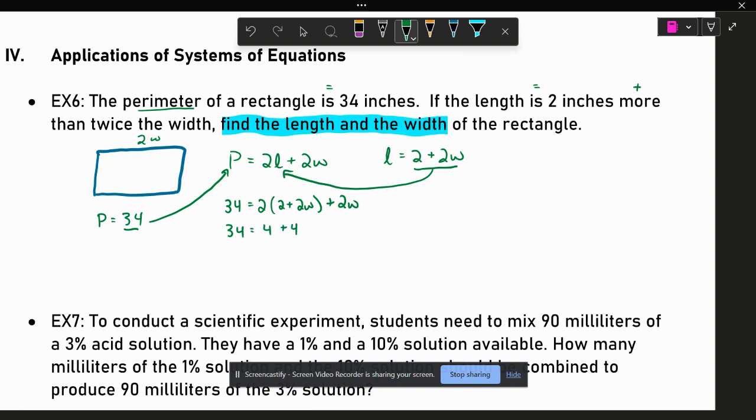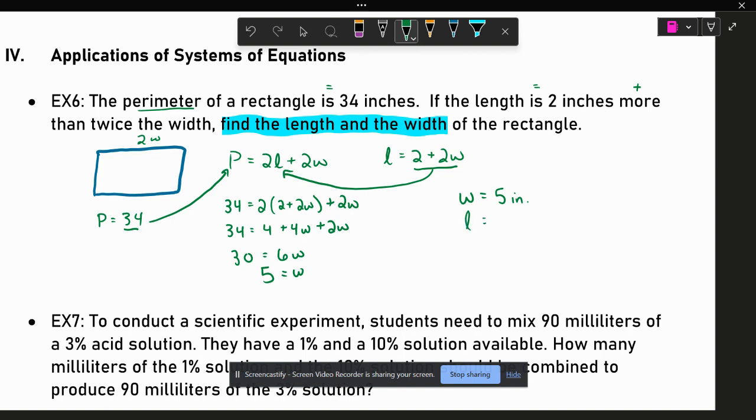4 plus 4W plus 2W. 30 is equal to 6W, and W is equal to 5. So my width is going to be 5 inches.